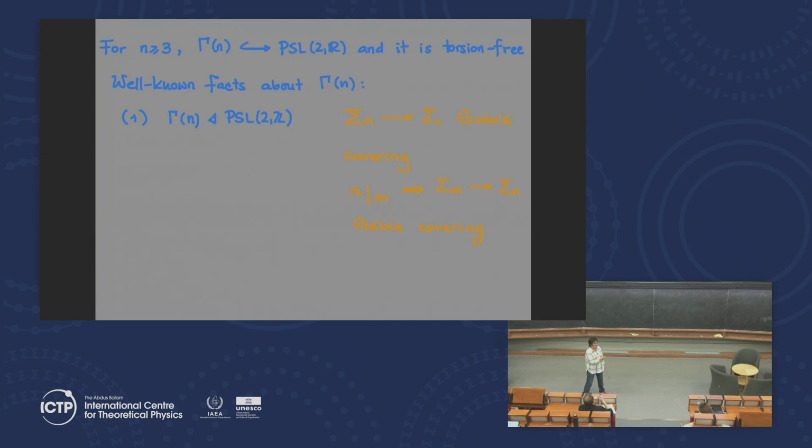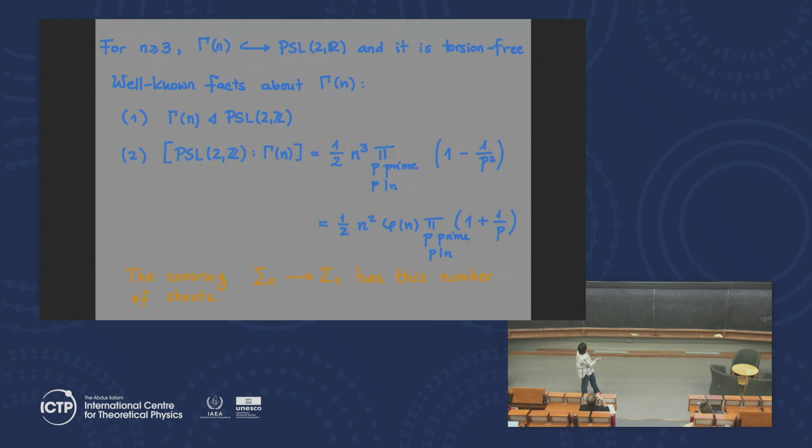People also know how many sheets this covering has, because they have computed the index of this subgroup in this group. It's just a number, but this is the number of sheets that the covering sigma n over sigma 1 has.